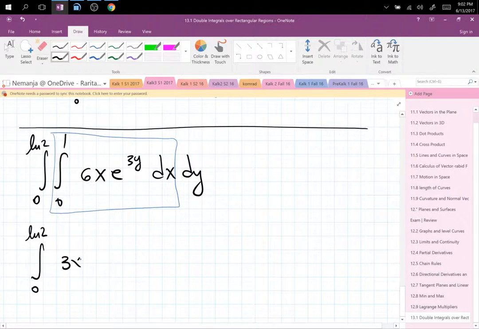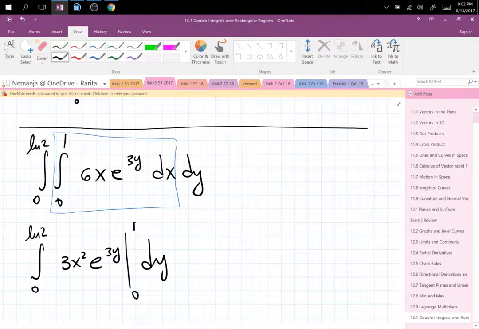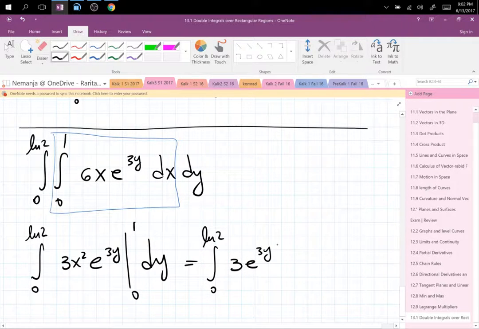So clearly 3x squared e to the 3y. E to the 3y gets copied. It's a constant. You copy 6, but then integral of x is x squared over 2. And then 2 cancels with 6 and gives us 3. So now you compute this at 1 for x, right? And we get 0 to ln 2. Plug in 1. We just have 3e to the 3y. Plug in 0 is just 0.